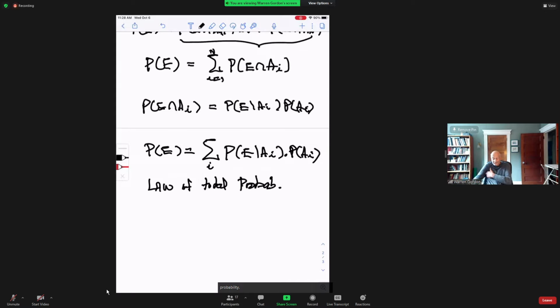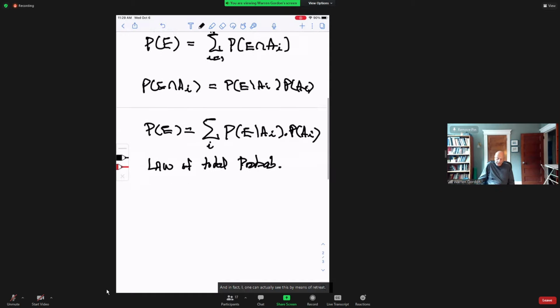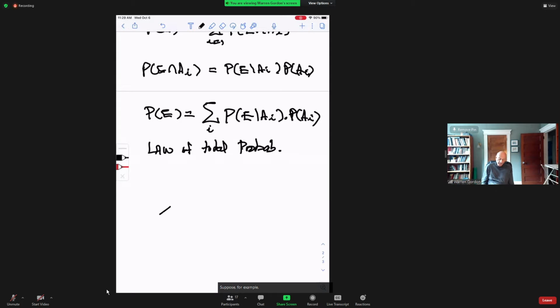And in fact, one can actually see this by means of a tree. Suppose, for example, here's A1, A2, all the way down to A sub n. And there are lots of different ways of getting E. I'm just drawing part of the tree.